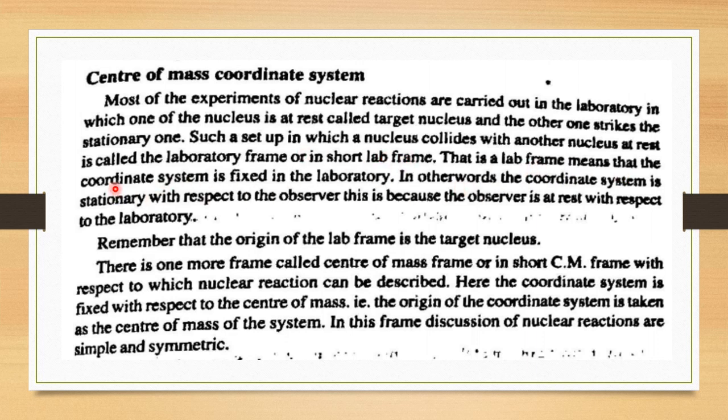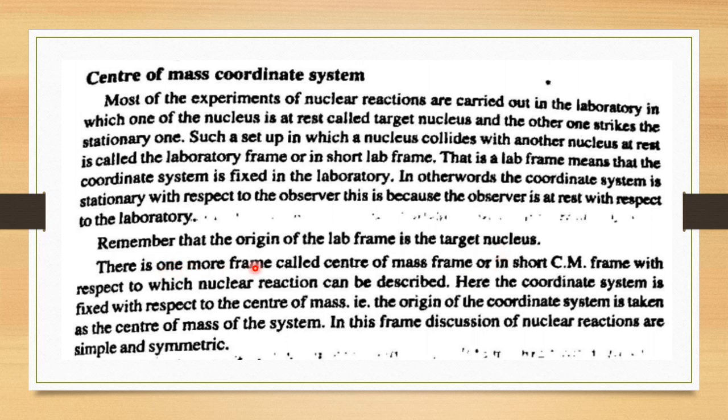This means that the coordinate system is fixed in the laboratory. In other words, the coordinate system is stationary with respect to the observer, because the observer is at rest with respect to the lab. So the origin of the lab frame is the target nucleus.